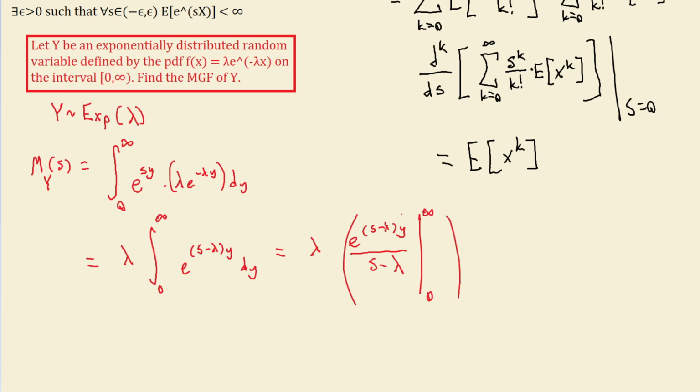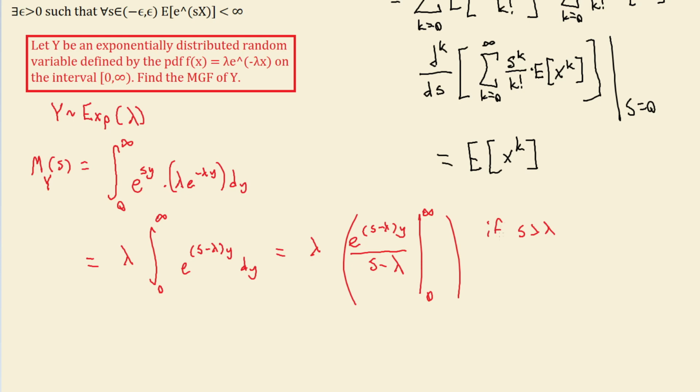And so here, consider what happens if s is greater than lambda. What happens in this case? Well, here in this numerator, we're going to have a positive exponent on e. And so if we're trying to evaluate e to the power of some positive constant times y, or times our variable that we're evaluating at infinity, this is just going to be infinite. It's not going to converge.